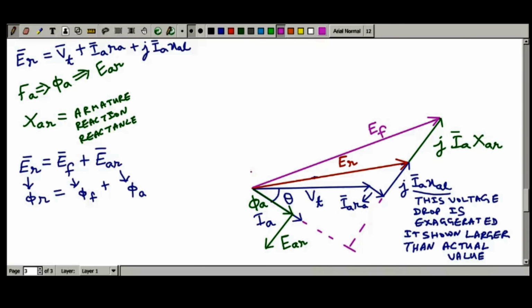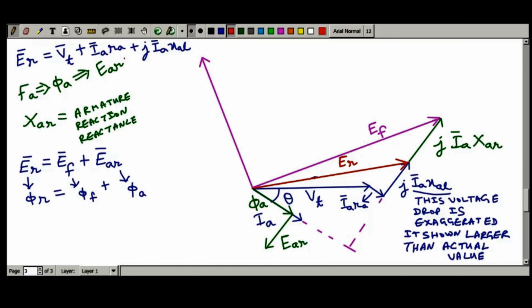So accordingly, where should be your FF, where should be your FA? This thing we can indicate over here. Let me indicate it. So FF will be leading by 90 degree. So this thing is your FF. Now what about phi R?